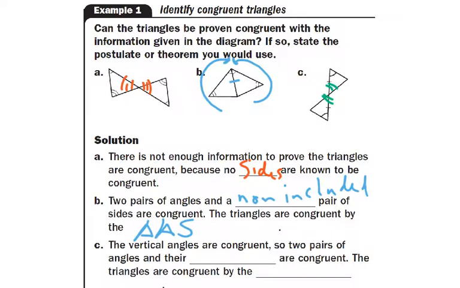So two pairs of angles and their included sides, that's included sides there, are congruent. So this is congruent by angle side angle. Again, the order that the parts are in matters. This one, the side is between the two angles.